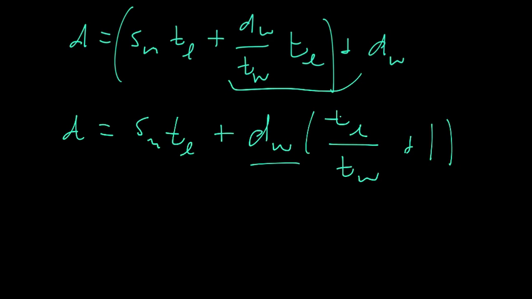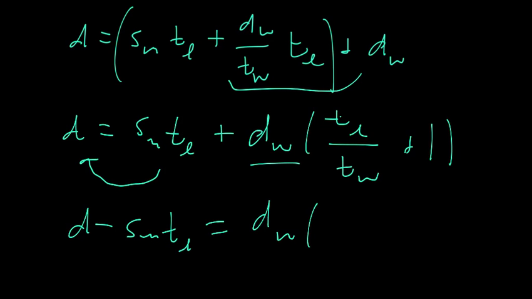So then from there, to solve for d_W, first I'm going to subtract this to the other side. So you have D minus S_m T_L is equal to d_W times T_L over T_W plus 1.